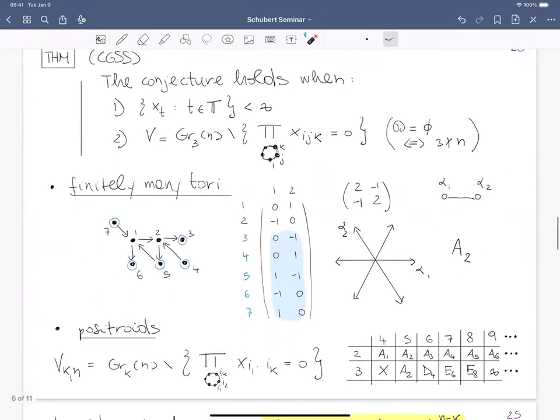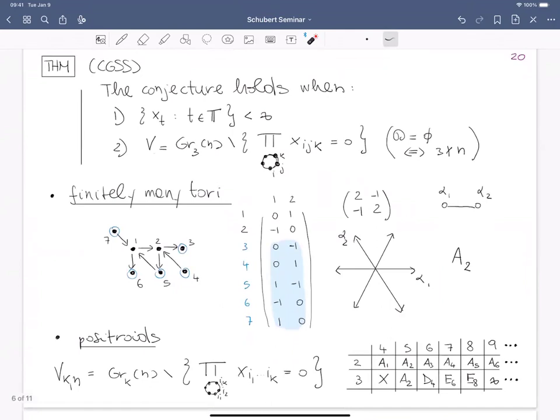So the theorem we can prove is the following. We can prove that the conjecture holds when there are finitely many seeds, or in the simplest case when there are infinitely many. And that case is the case of the Grassmannian 3n minus the analogous divisor analogous to the example I was telling earlier. So you take the divisor cut out by the Plucker coordinates, now indexed by 3 indices i, j, and k that are consecutive in cyclic order 1 through n.